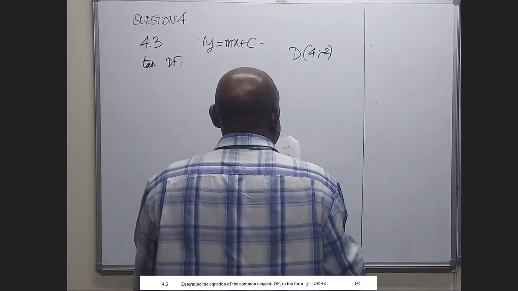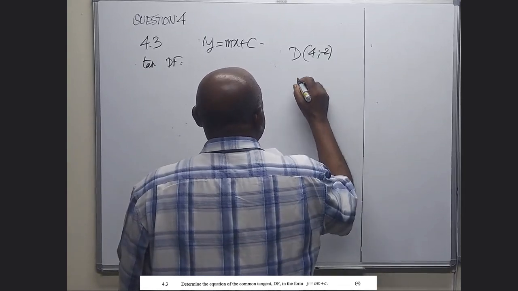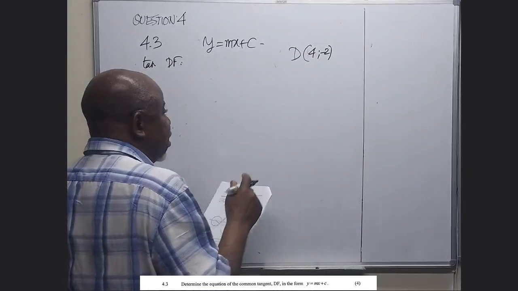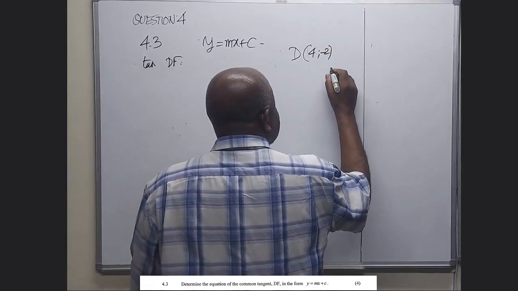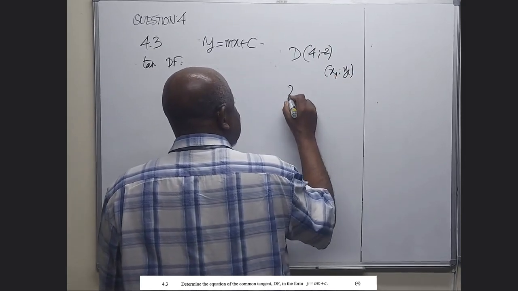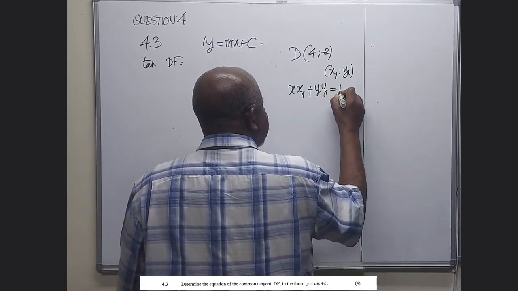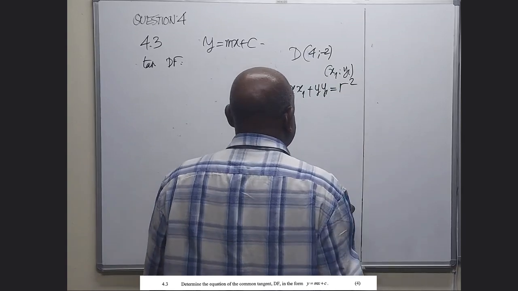So the equation of the tangent, when we have a point on the circle with coordinates (x1, y1), will be x1 x plus y1 y is equal to the radius squared.